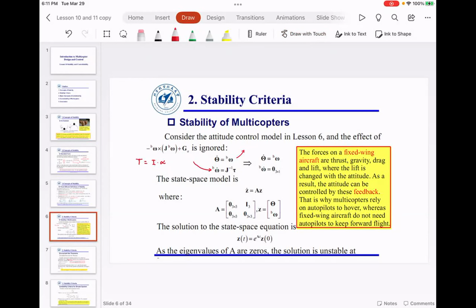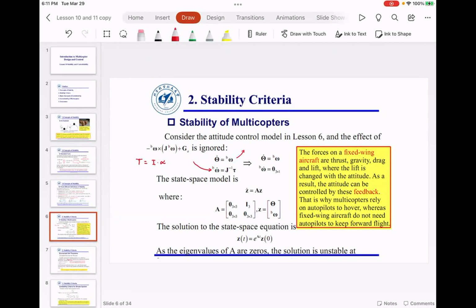That's what it means. And this is true for a simple hover. So when we are trying to design a controller for simple hover, we can make this assumption like the inertial coordinate frame is aligned with the body coordinate frame, and the body rates, pitch rate, roll rate, and yaw rate are same as the inertial rates. And that equation will be used when we actually implement the hover controller.